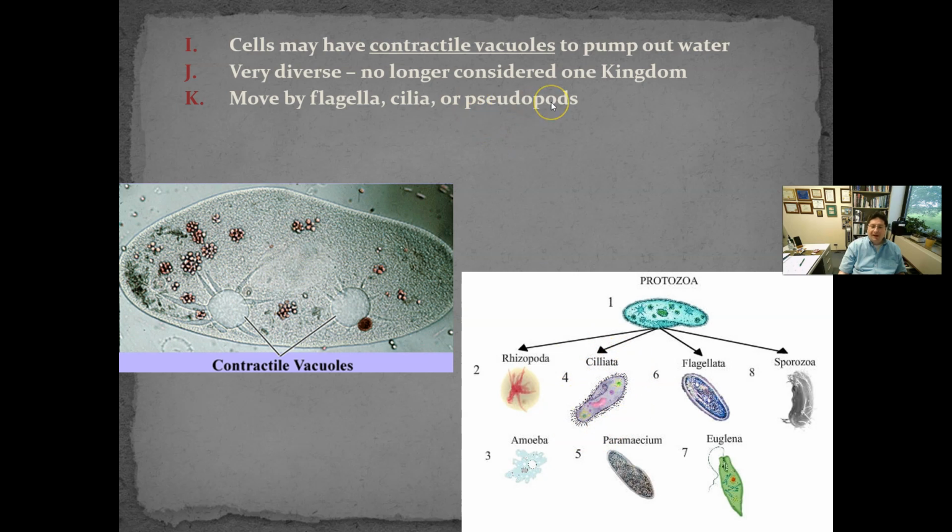Or pseudopods. Pseudopods are kind of an extension of the cytoplasm, like we see here around this amoeba. So they can move by long tails, little hairs, or extensions of their cytoplasm. Some can't move at all, and they would have to rely on the wind, water, animals, or something else to transport them.